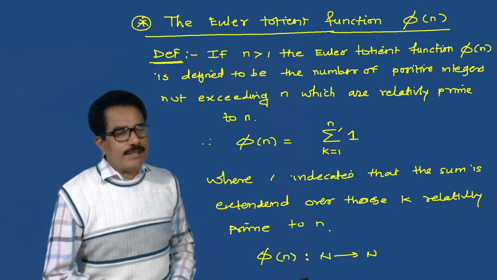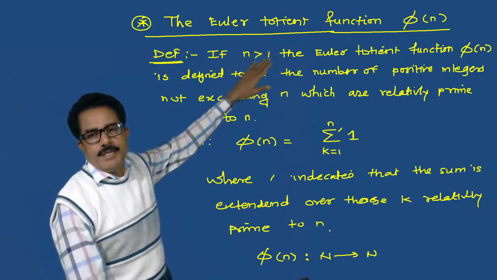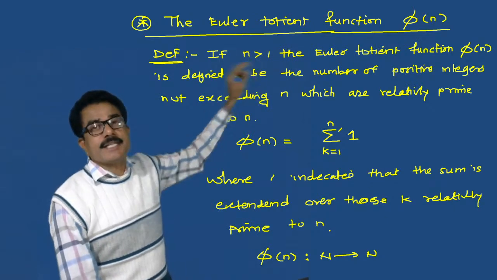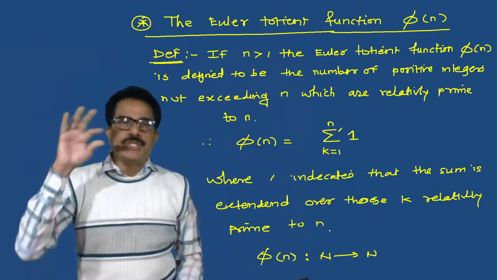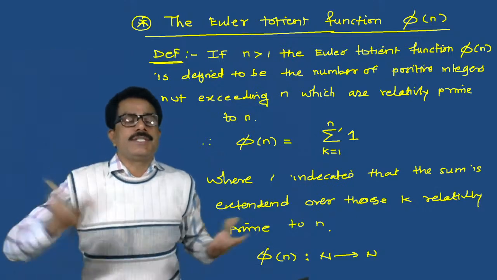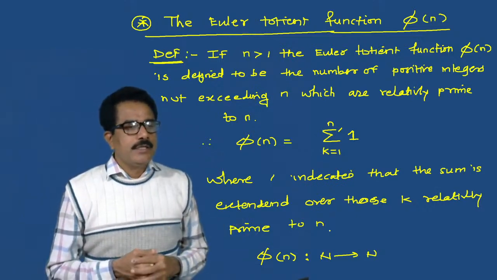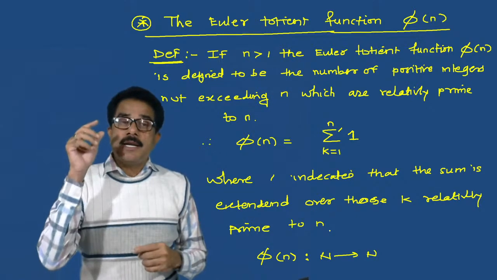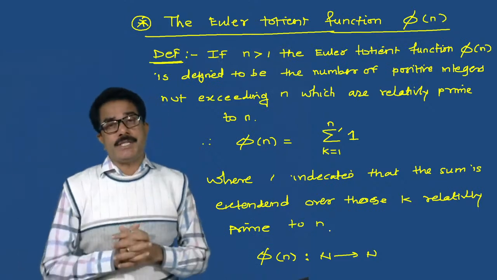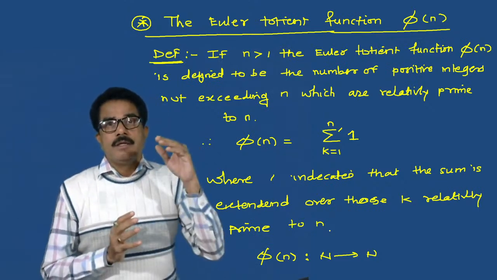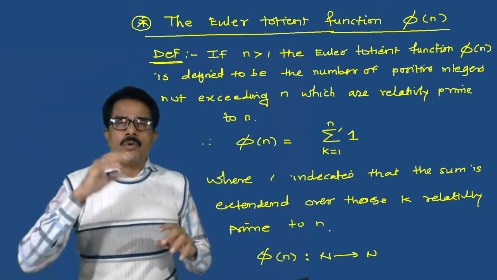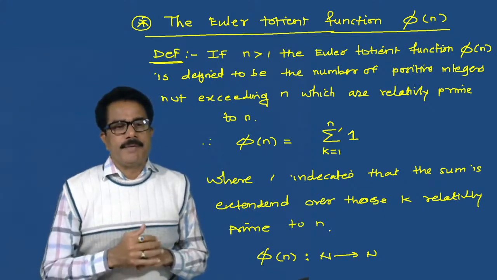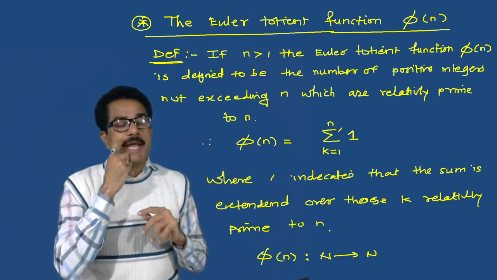How to define the phi of n? See this, if n is greater than 1, the Euler's Totient function, which is denoted by phi of n, is defined to be the number of positive integers not exceeding n, which are relatively prime to n.